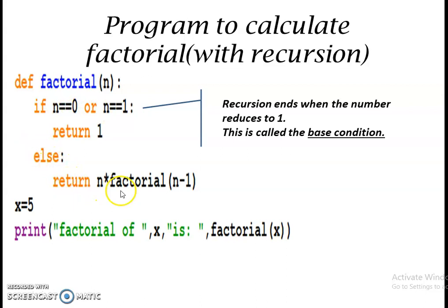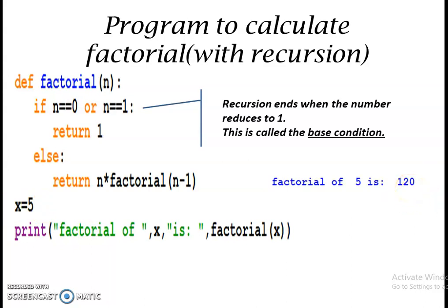It will return 3 into factorial 2 and so on. This calling will go on till we get the base condition. When the value of n is 1, it will return 1, and we will get the factorial of x, and here the value of x is 5, so it will print factorial of 5 is 120.